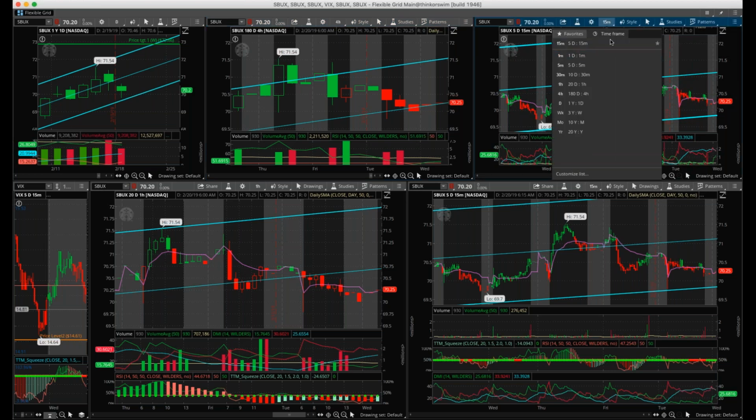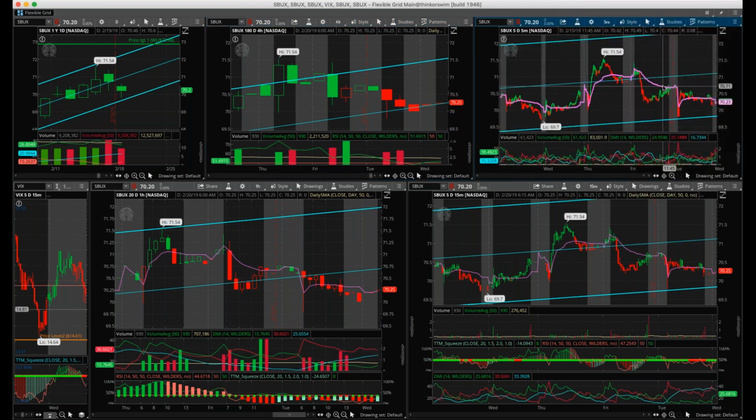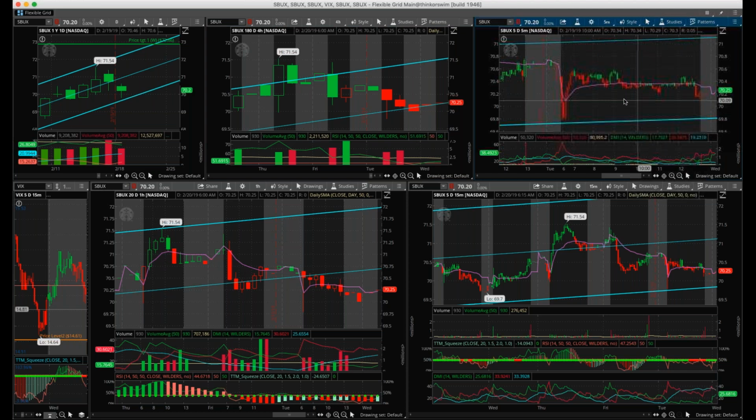Then I have my 5 minutes in my top right-hand corner, and I have VIX on the bottom left corner because I want to know how bullish or bearish the market is in general.